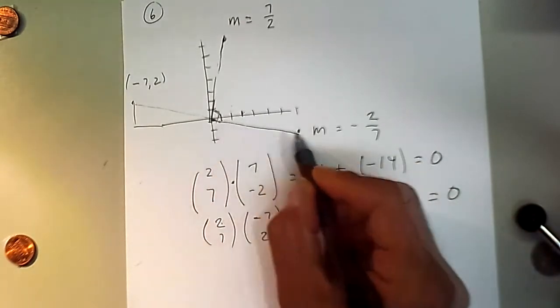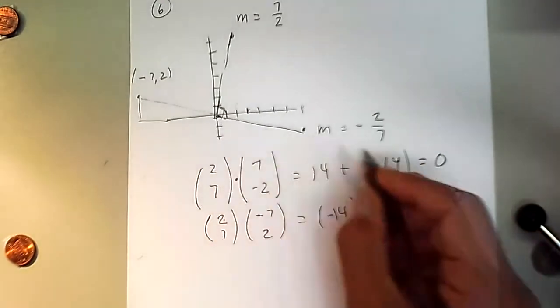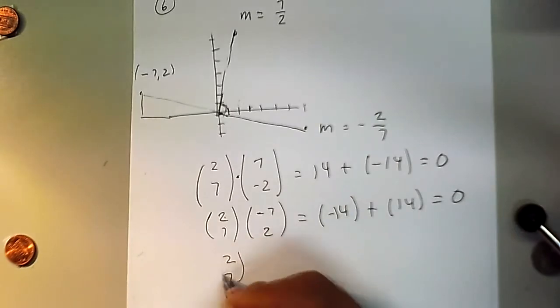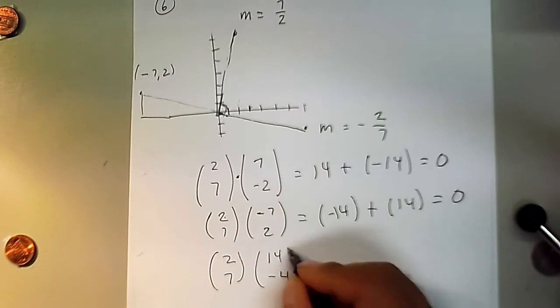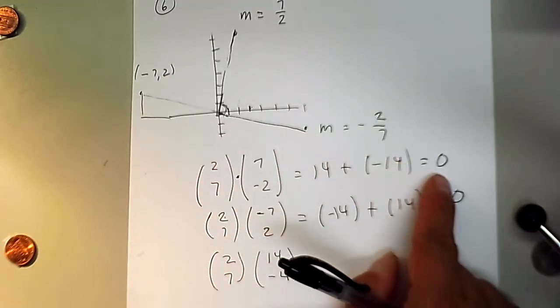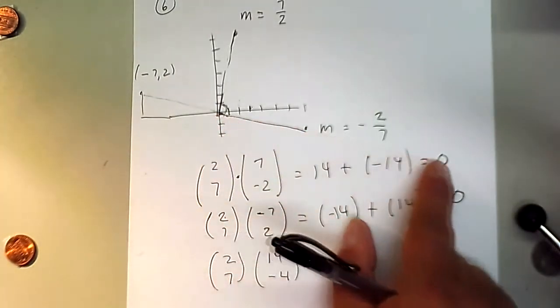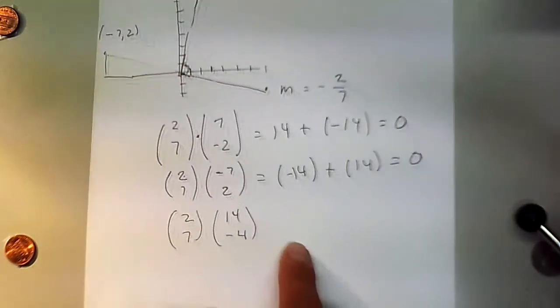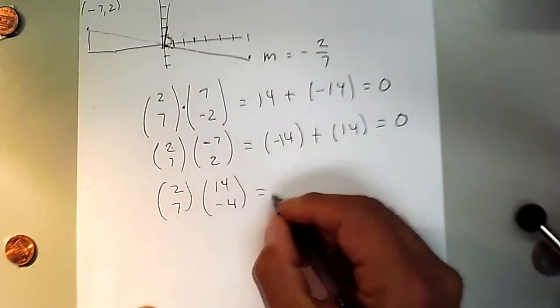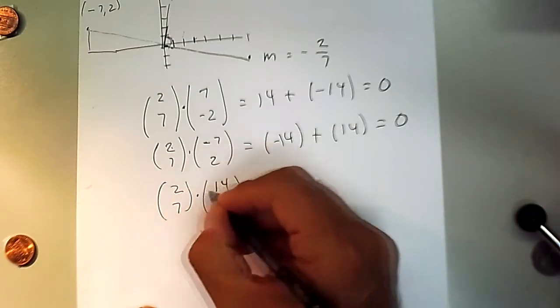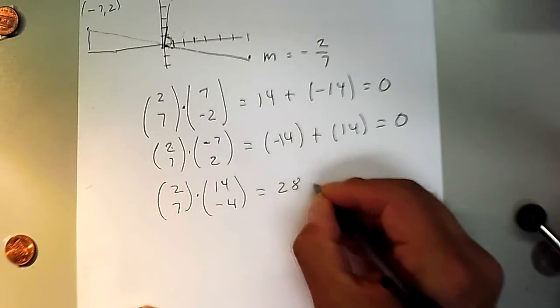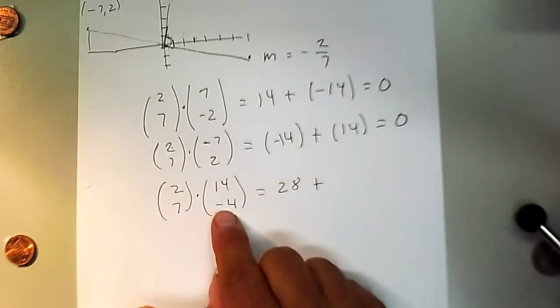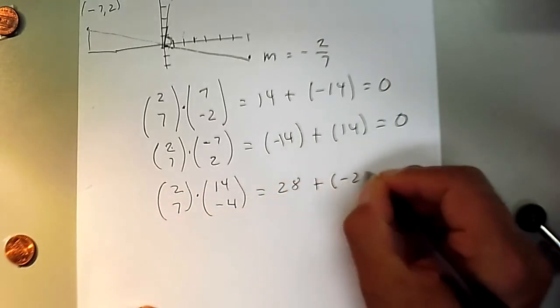You can have a vector that is way longer. So you could have 2, 7, and how about 14, negative 4? So twice as long. I'm not going to draw it because it's going to get kind of messy, but this vector twice as long will be about there. And when we find the dot product between those two vectors, 2 times 14, 28, plus 7 times negative 4, negative 28.